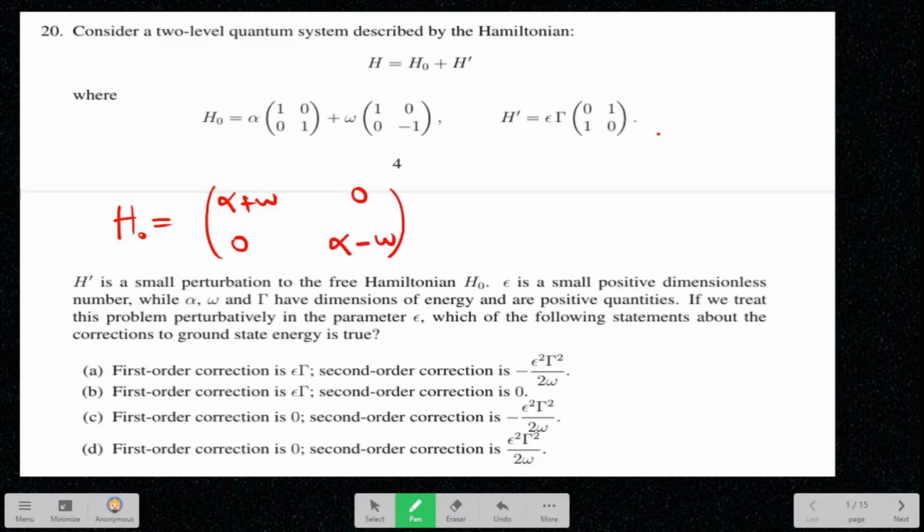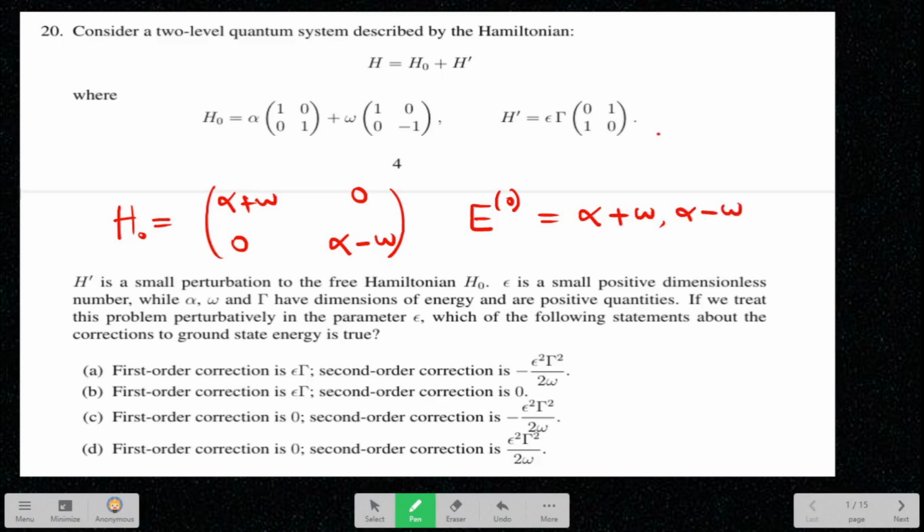This is a diagonal matrix, and we know that for a diagonal matrix the diagonal elements are the eigenvalues. So the known energies of the free Hamiltonian H0 are E0 equal to the diagonal elements, which are alpha plus omega and alpha minus omega.